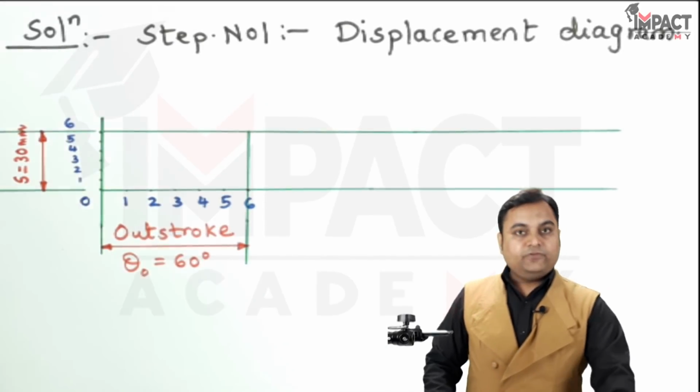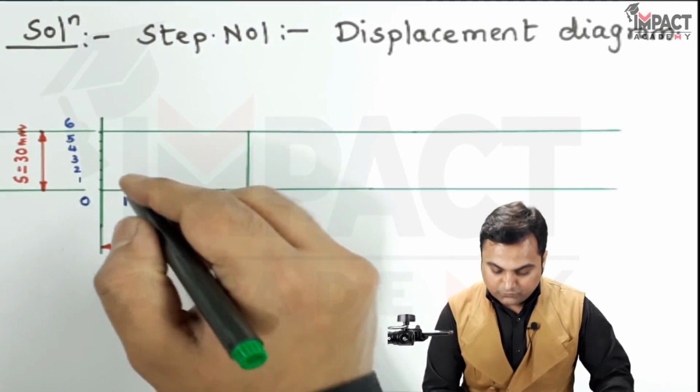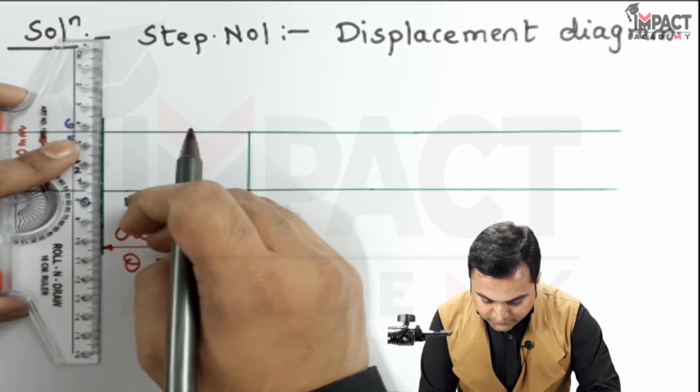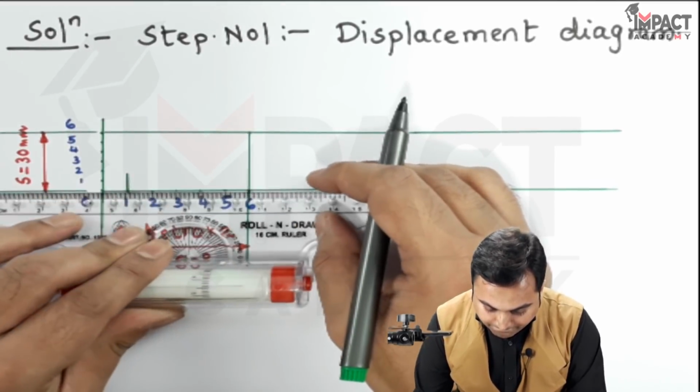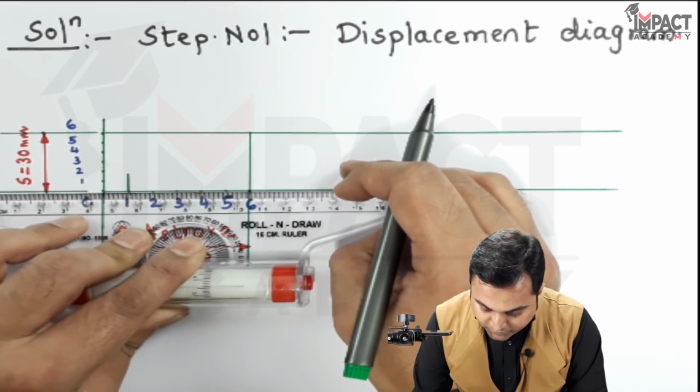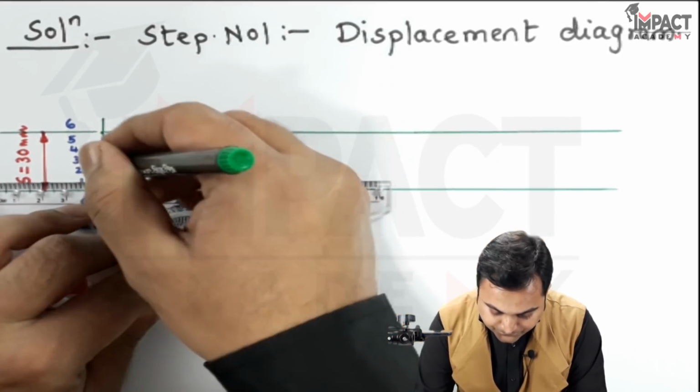Now for uniform velocity, projecting point 1 from the out stroke, a light vertical line, and a light horizontal line from point 1 on the stroke or lift.